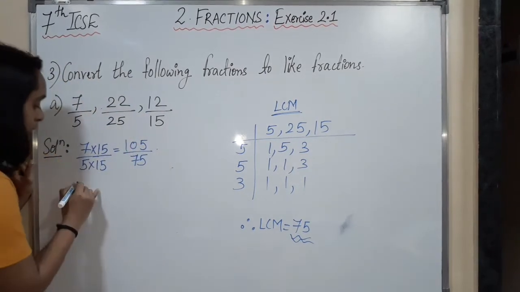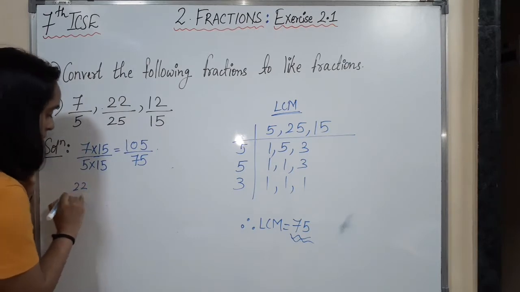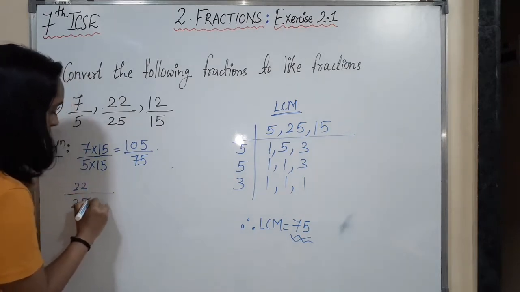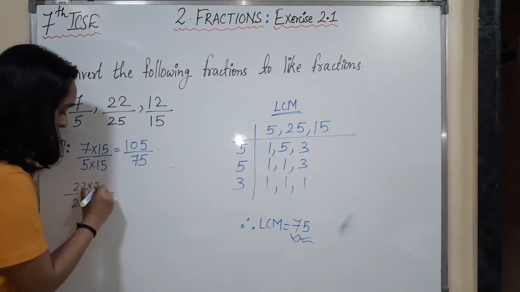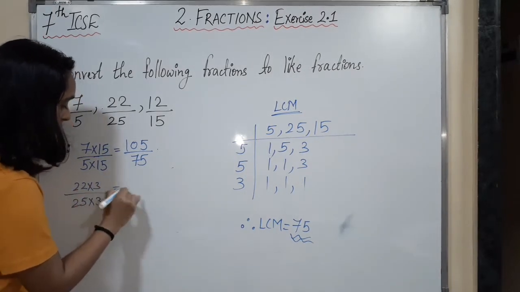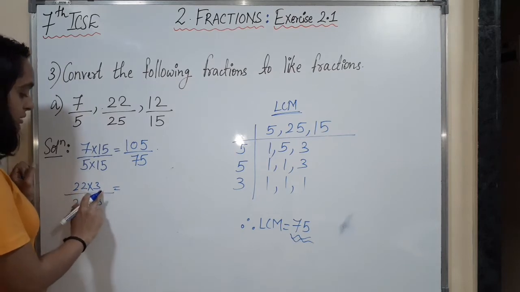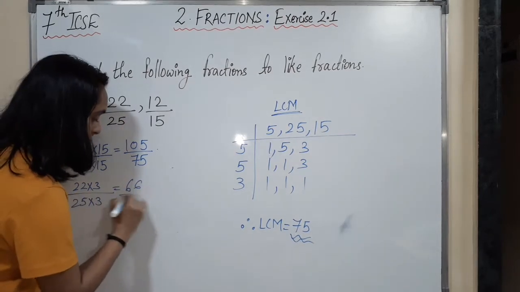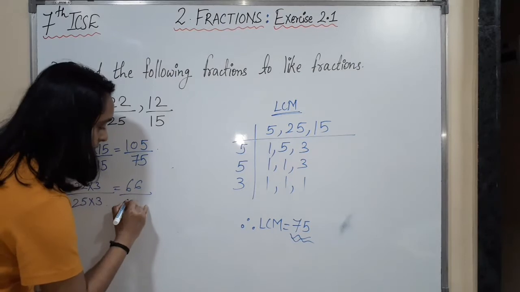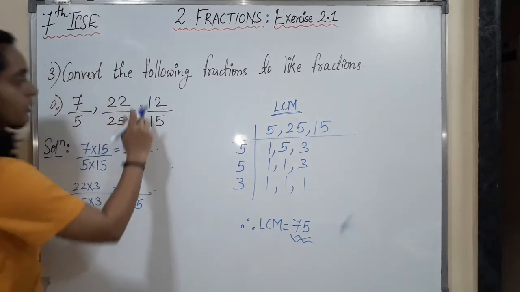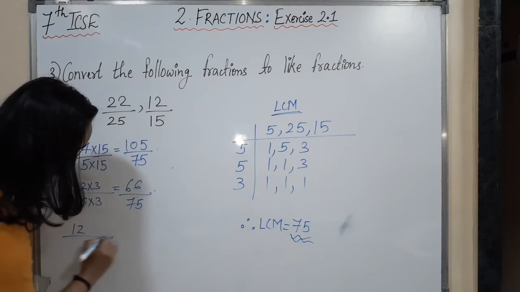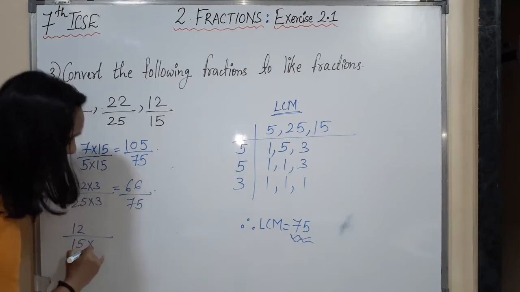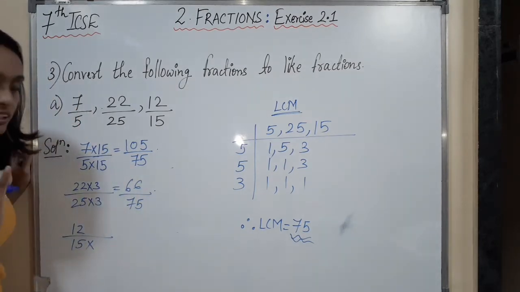For the second number, 22 upon 25. 25 3s is 75. So we'll multiply numerator and denominator both by 3. So 22 3s is 66 upon 25 3s is 75. And now 12 upon 15. 15 5s is 75.